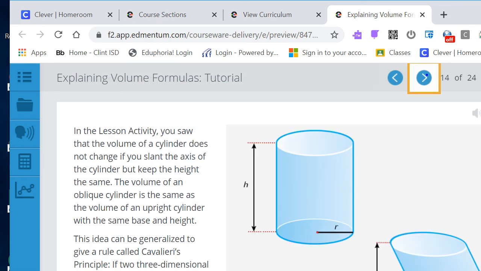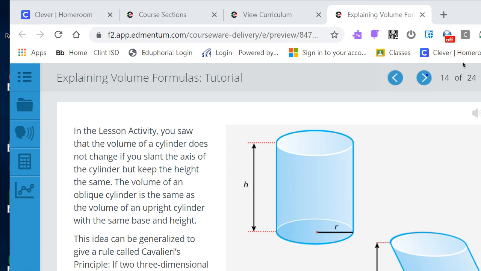This one is talking about Cavalieri's principle, which says that if two three-dimensional figures have the same height and have the same cross-sectional area, which means your base has to be the same, then the volume is going to be the same for both. So very important again. I'm looking at both cylinders.